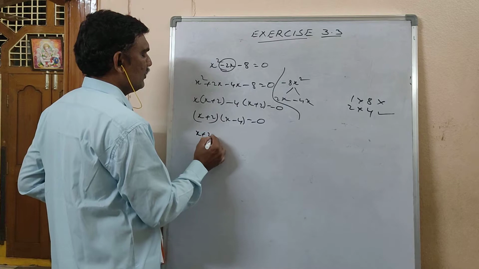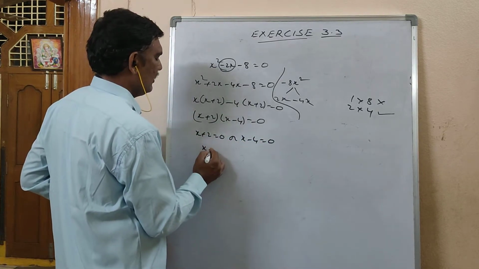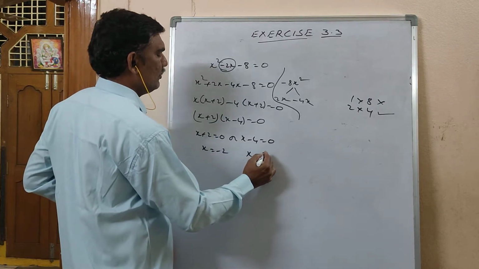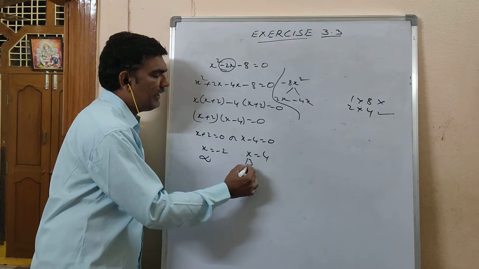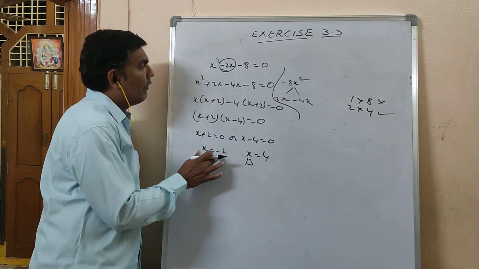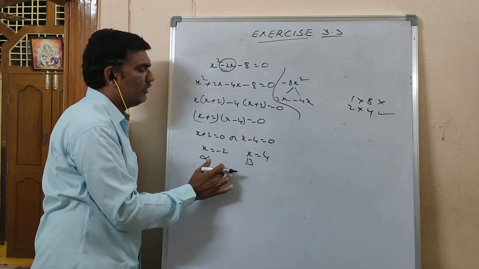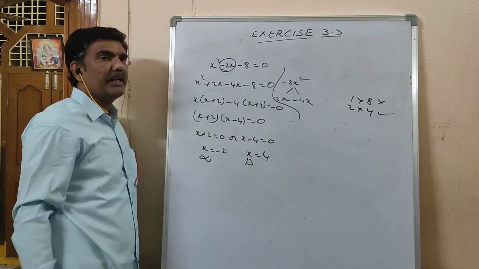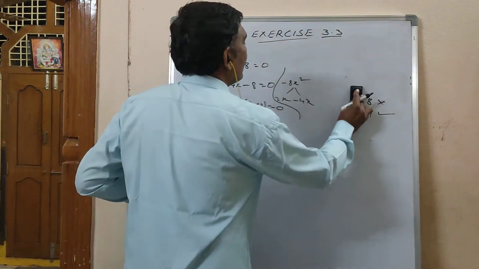So x plus 2 is equal to 0 or x minus 4 is equal to 0. x is equal to minus 2, x is equal to 4. Means alpha and beta. Minus 2 if you keep in place of x, the entire value becomes 0. 4 if you keep also, the entire value becomes 0. If you want, you can verify it.